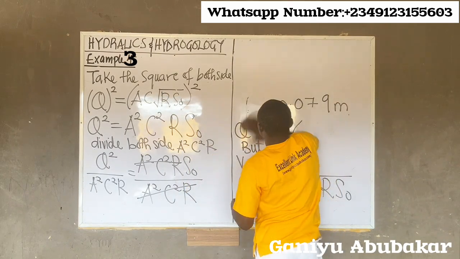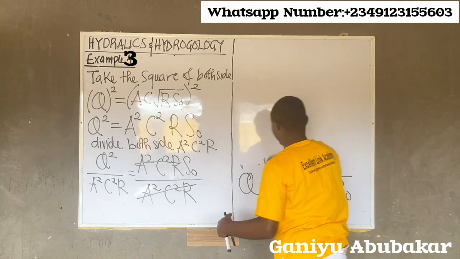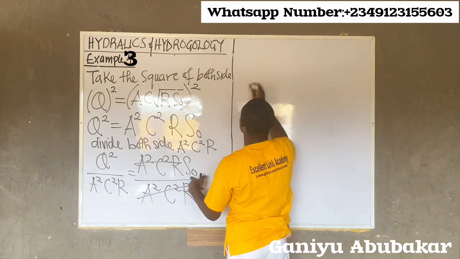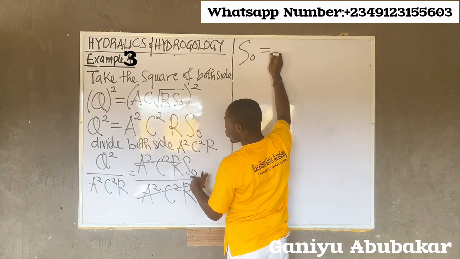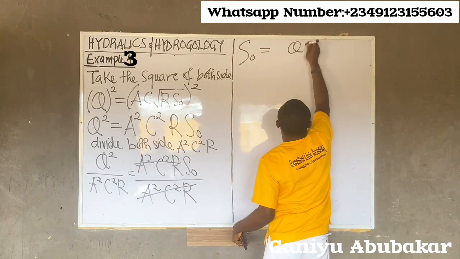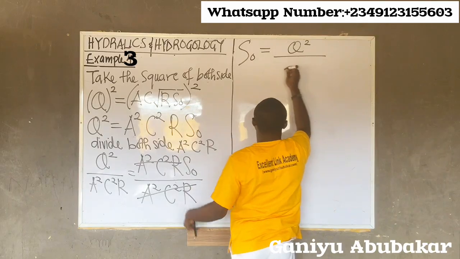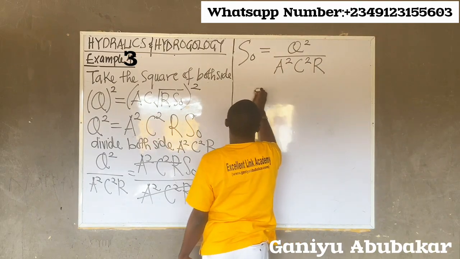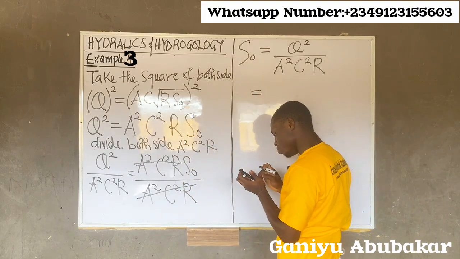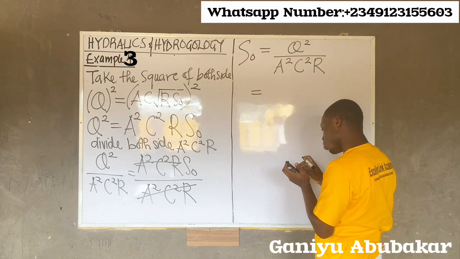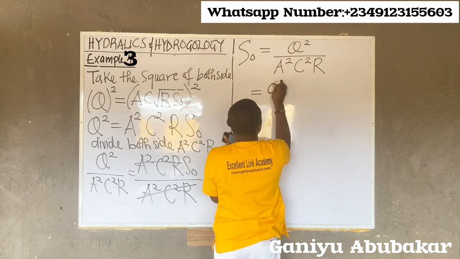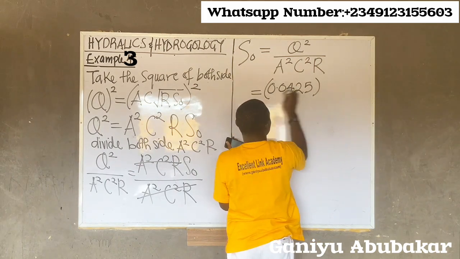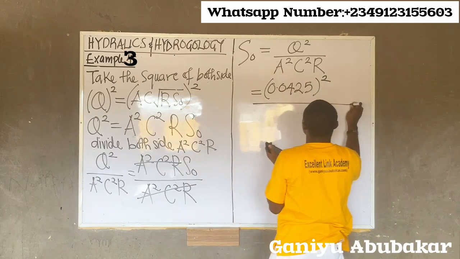From here, S naught is equal to Q square all over A square, C square, R. Give me the values, please. What's Q? Q is 0.0425. By the way, it's squared. I have to square it all over A squared.